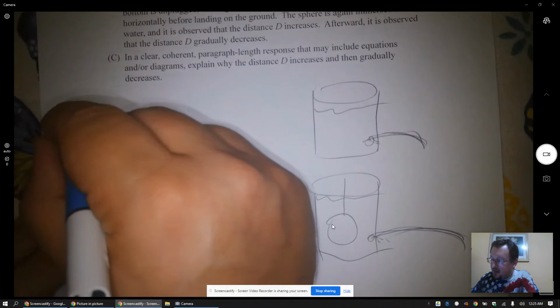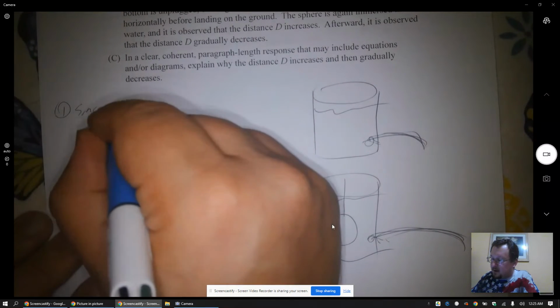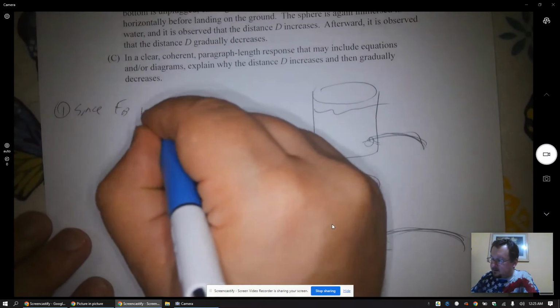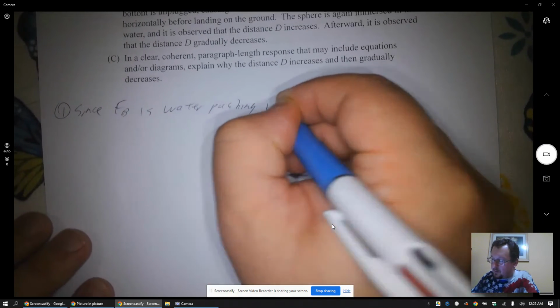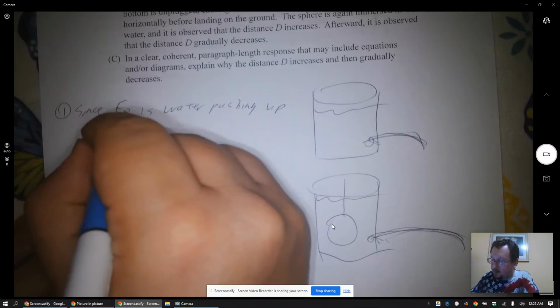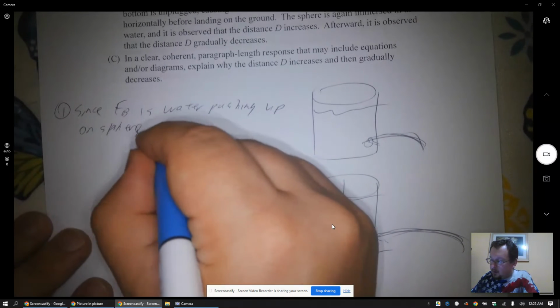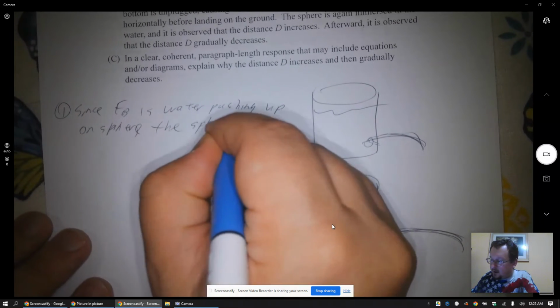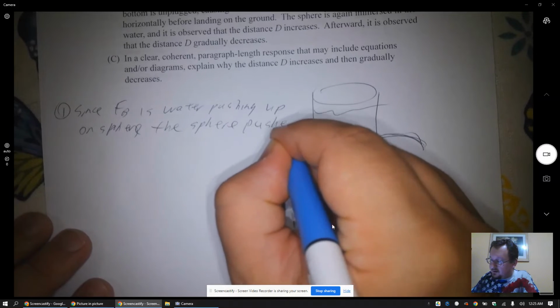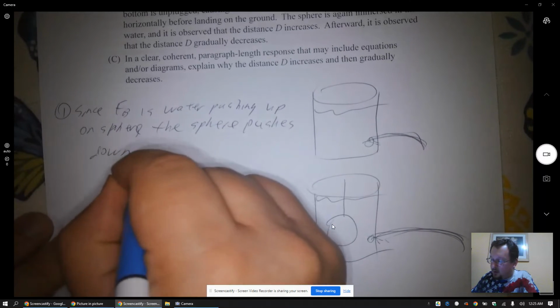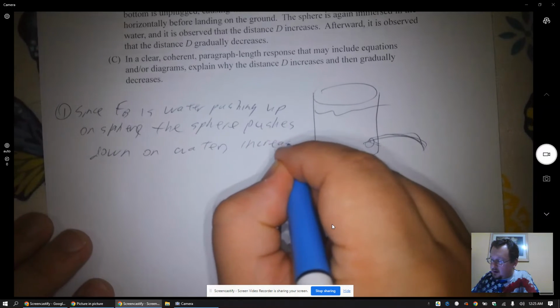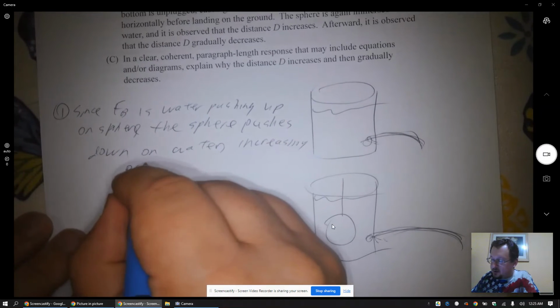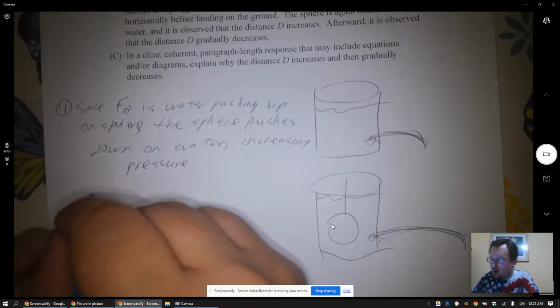You can say that since force buoyancy is the water pushing up on the sphere, the sphere pushes down on the water, increasing the pressure. That's one thing you could say.